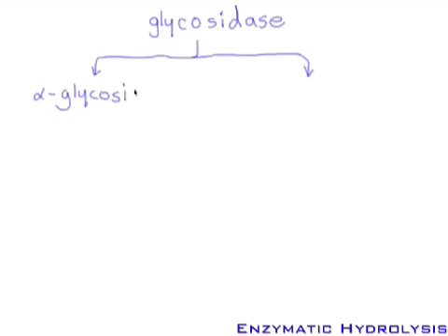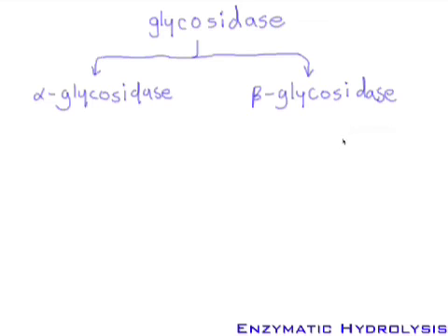And all those enzymes that can break down beta carbohydrate linkages, beta glycosidic linkages, would be called beta glycosidases. So when you say beta glycosidase, you're a little more specific than just saying glycosidase. You're saying this enzyme only works on beta carbohydrate units.